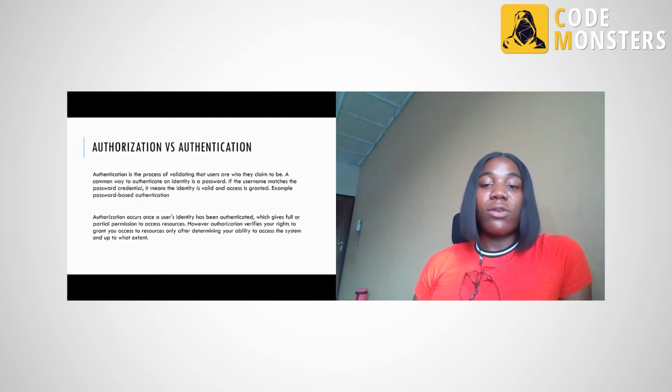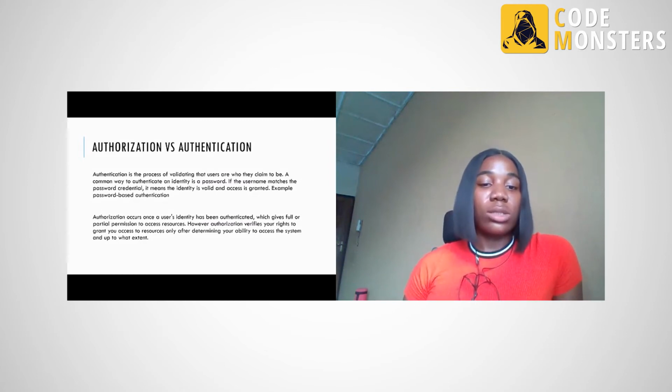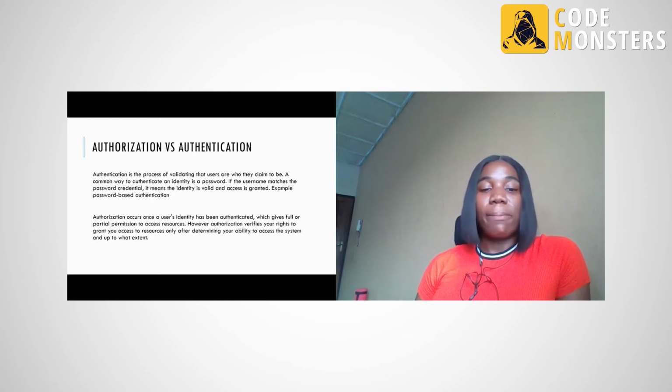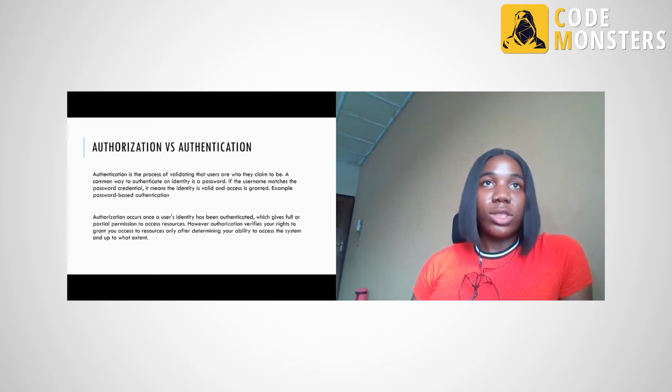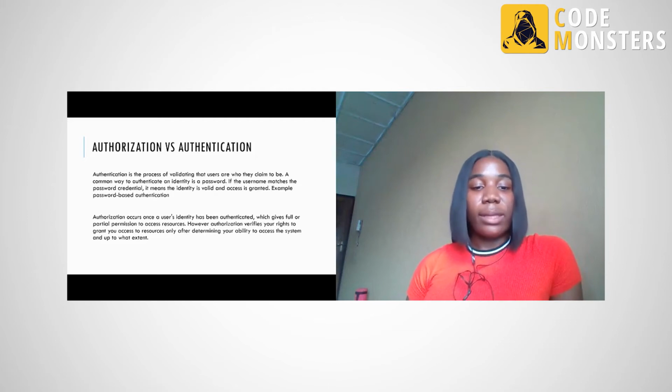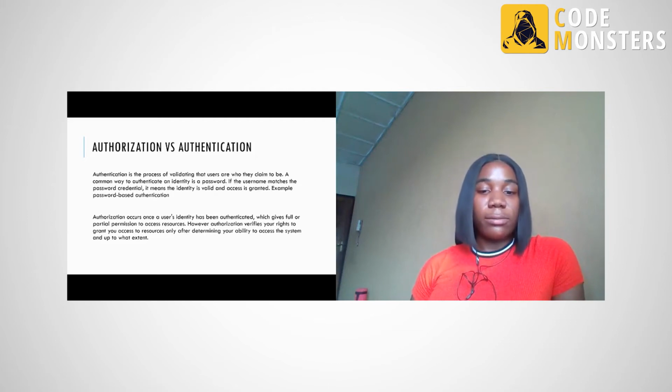Authorization verifies your right to access resources only after determining your ability to access the system. Your ability to access the system is what we call authentication. So authentication is the first access to the system, and authorization is basically a second level of access to say, okay, I know you are who you claim to be, but are you allowed to access particular resources? And that's when authorization comes into play.